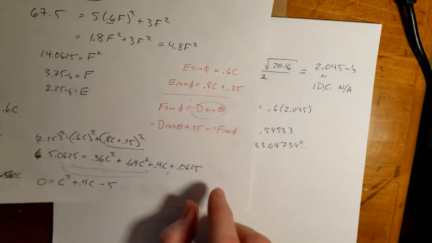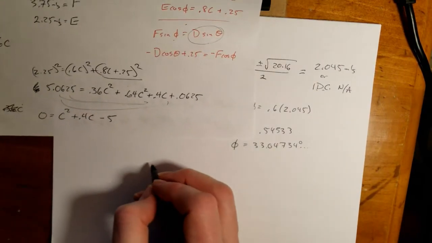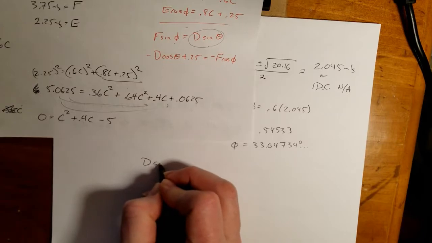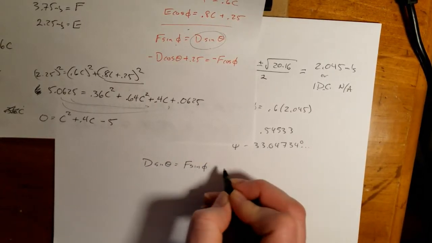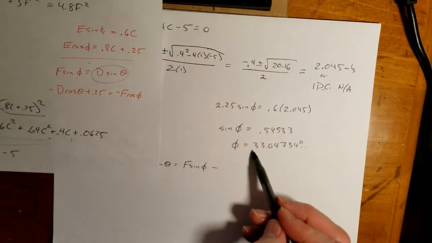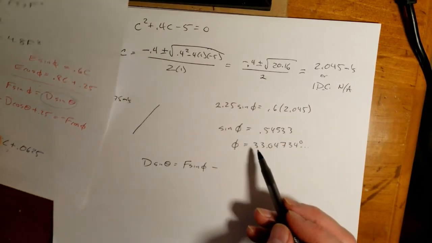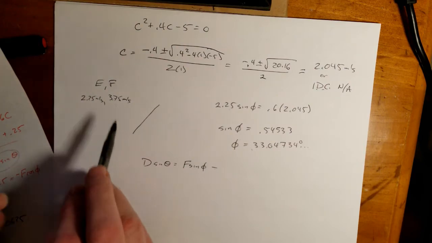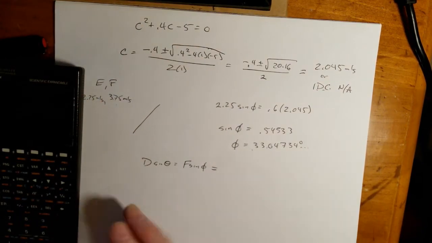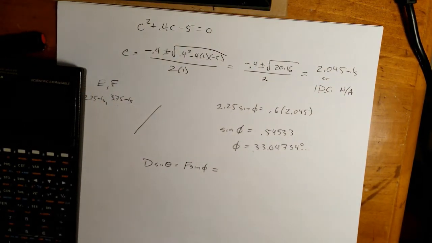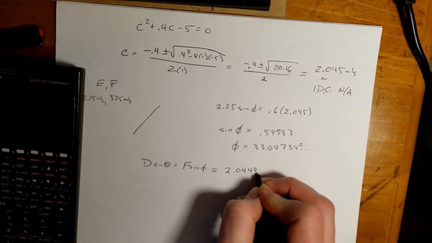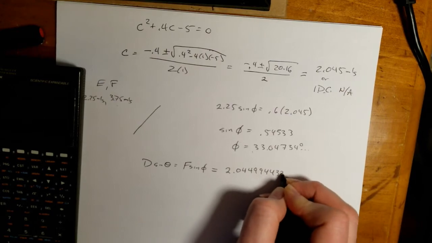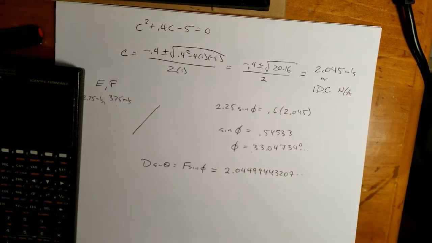Now bringing in the other relationships here. I know that d sine theta is equal to f sine of phi. I have phi, and I have f, so I can calculate the actual value, and this is 2.04499443207, and so on.